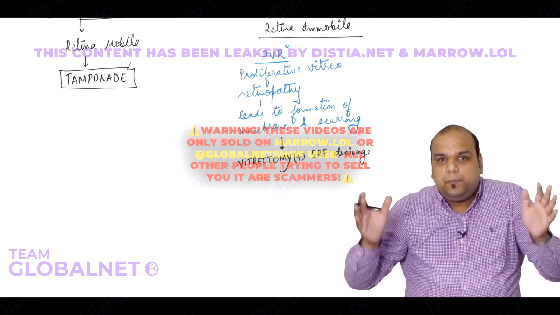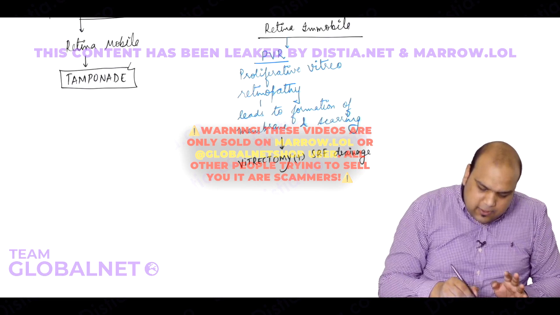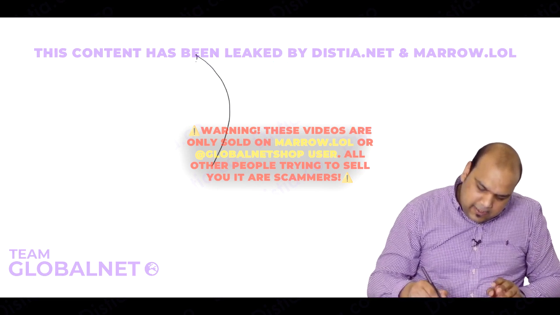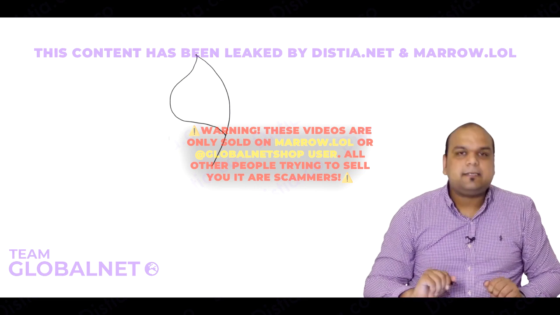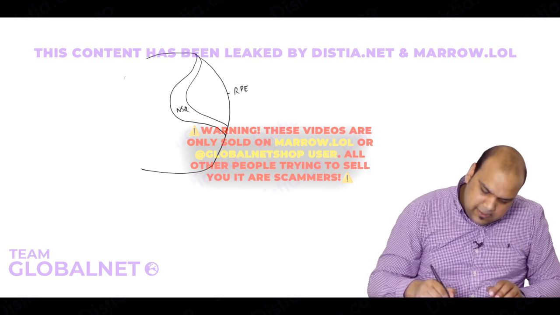Tamponade means to put pressure and to join two things. Try to understand this very easy concept, everybody. Let's say this part of my retina has become detached. Okay, everybody? So that means if I just draw it, this is my neurosensory retina, this is my retinal pigment epithelium. This is my vitreous cavity, lens and everything.